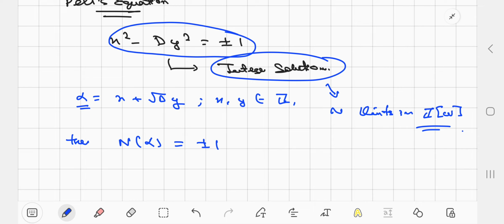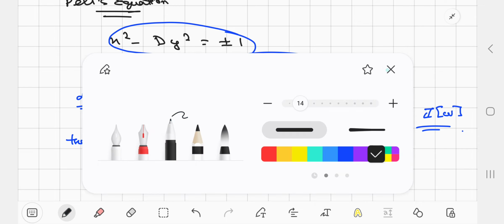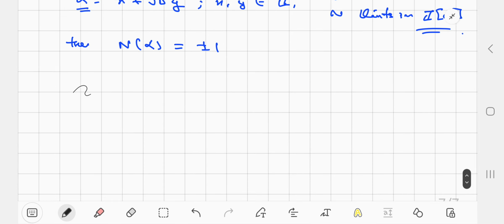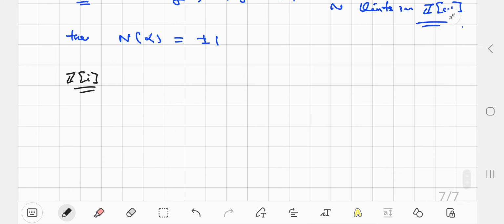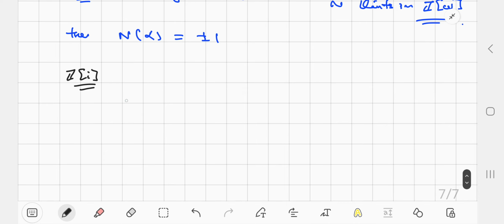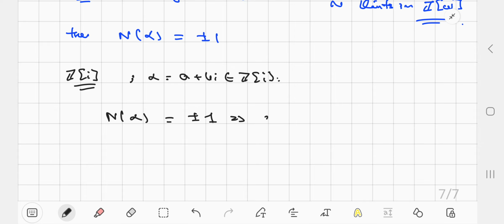There are some more similar sorts of examples. For example, if I talk about Gaussian integers Z[i], then observe that if I consider any element alpha of the form a plus bi coming from Z[i], then norm of alpha is equal to plus or minus 1. This implies a square plus b square is equal to plus or minus 1, right?